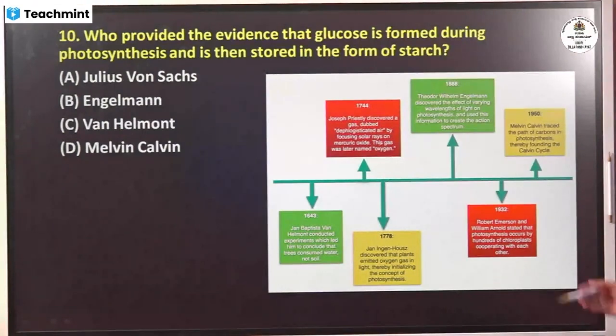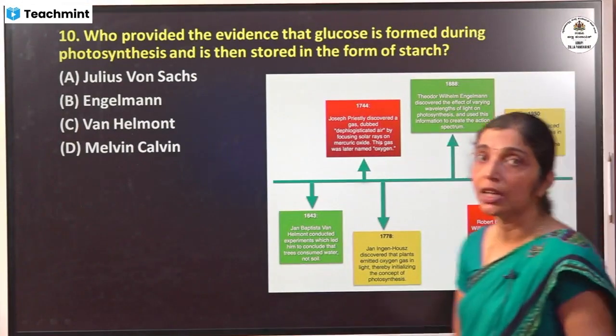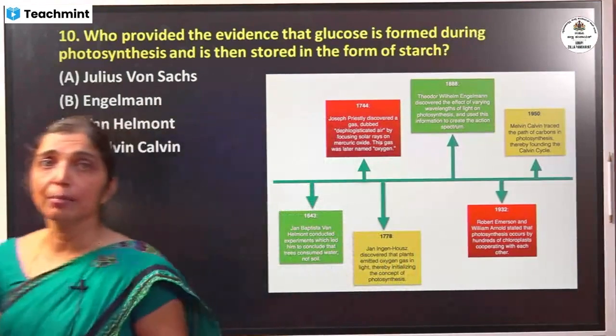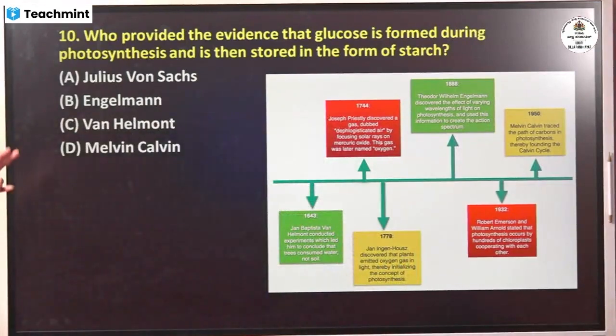Then we have Emerson and Arnold, who stated that photosynthesis occurs by hundreds of chloroplasts cooperating with each other. Then we have Van Helmont, who conducted experiments which led him to conclude that trees consumed water and not soil. So among these, who gave us the evidence that glucose is formed during photosynthesis and stored in the form of starch?